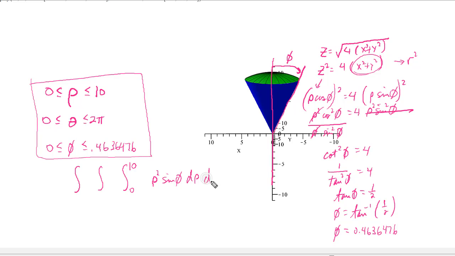We could do a d phi, where phi goes from 0 to that decimal value. And then we'll finish it out with the d theta from 0 to 2 pi. Now, I won't finish this integral. However, you can do this by hand, or you could enter it into the TI-89.